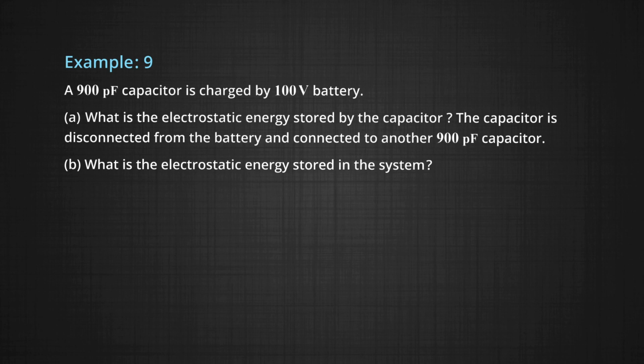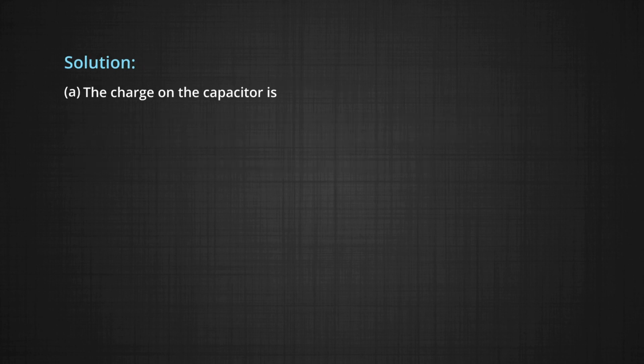Solution. Part A. The charge on the capacitor is given by the formula Q1 is equal to C1 into V1. On substituting the values, we get 900 into 10 to the power minus 12 into 100, and it comes out to be equal to 9 into 10 to the power minus 8 coulomb.